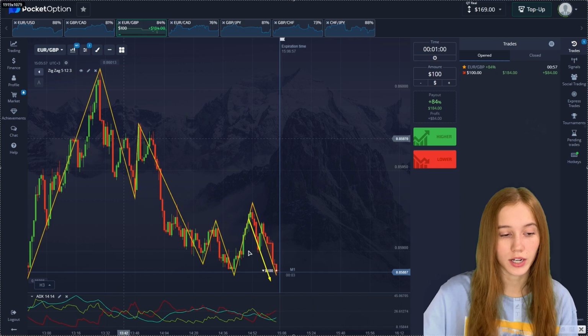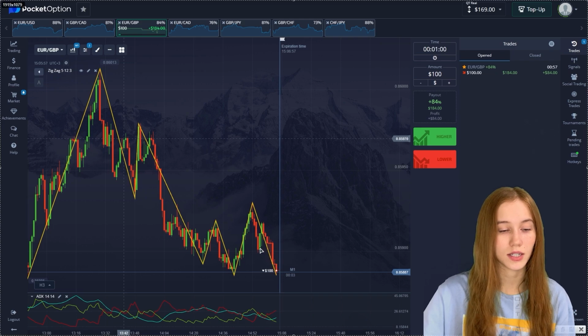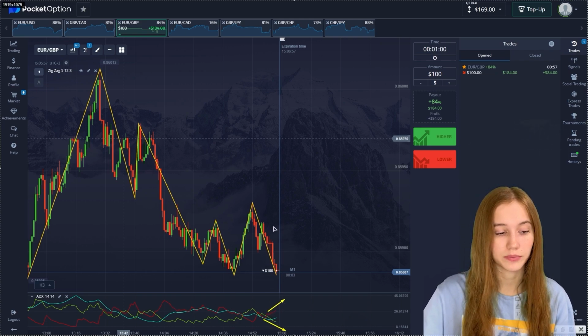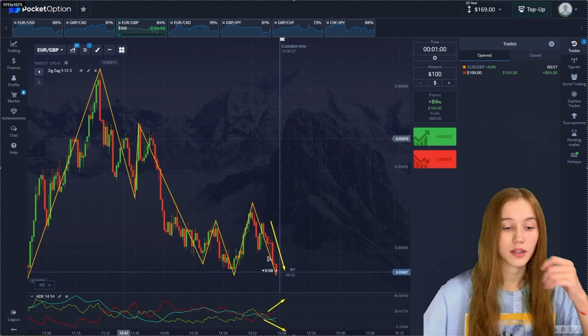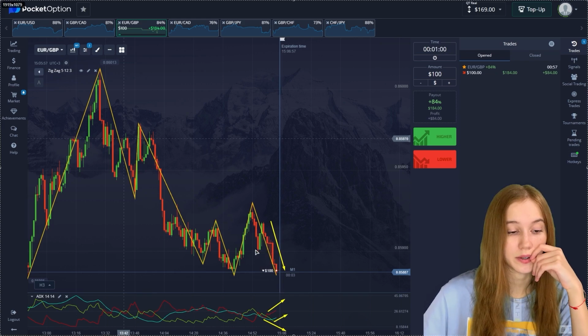So, down trade. What we see from the indicator by ADX, yeah, it's decreasing, so the intensity is growing. Down, chart is going down.